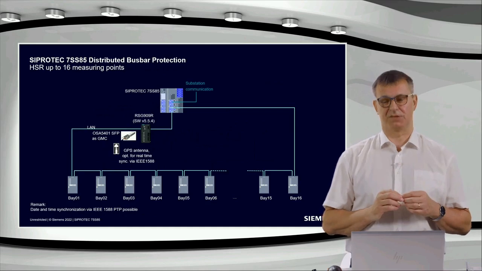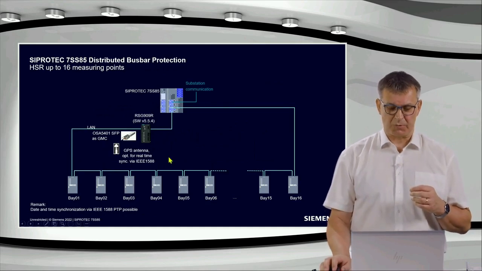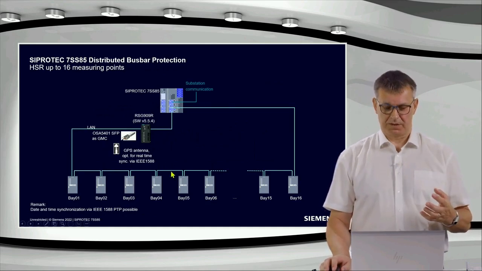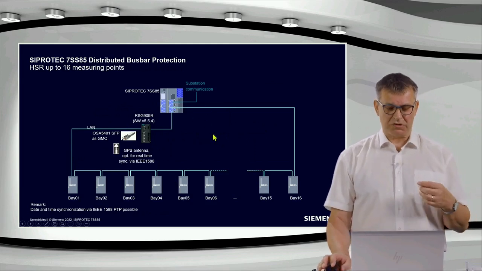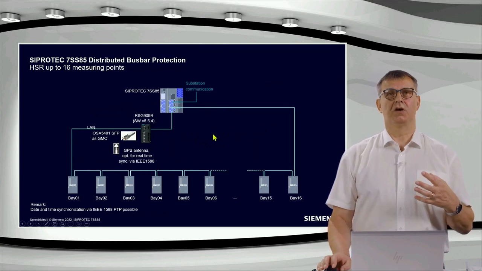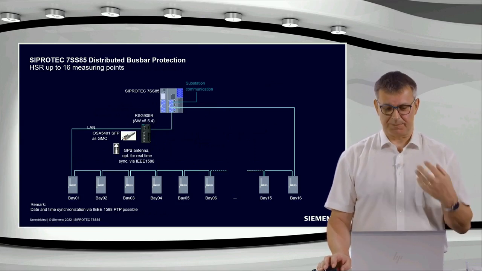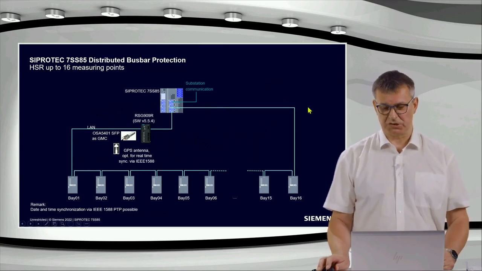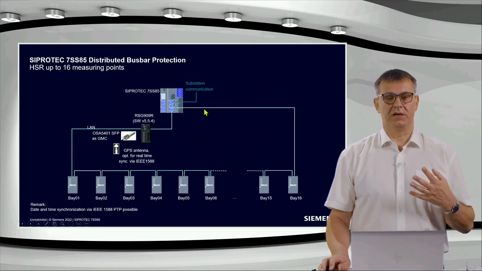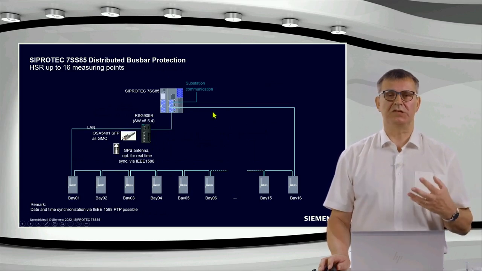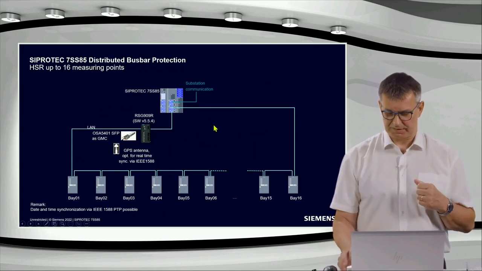Maybe to explain this: the HSR ring can be interrupted at any place, here or here, without any loss of signals from any bay units, because we have communication in both directions. If you interrupt the ring at one location, you will not lose communication to any of the devices.